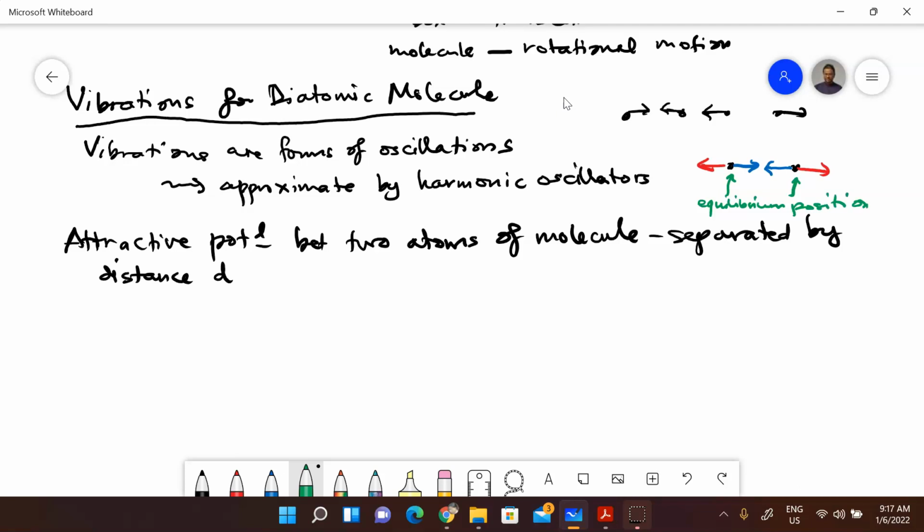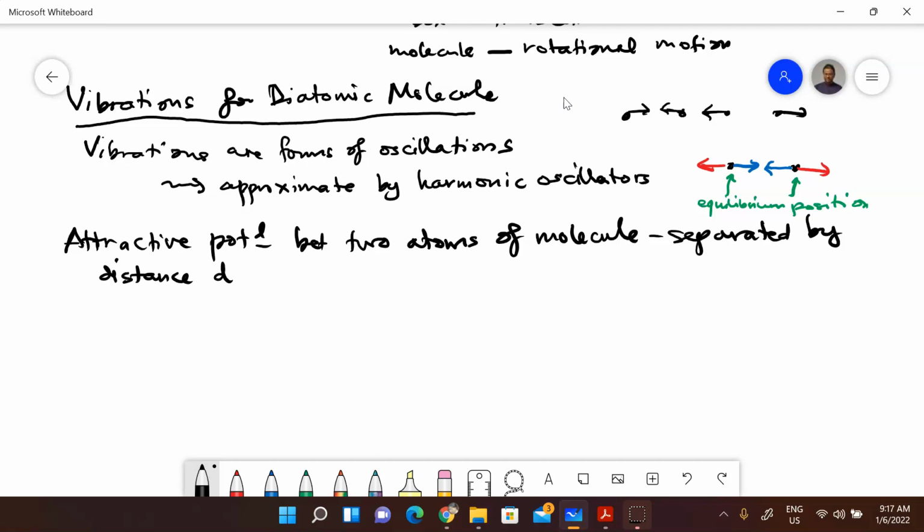So what one needs is some kind of potential that allows that oscillation. So usually what we assume is there will be a minimum.